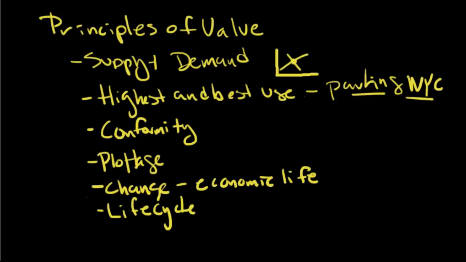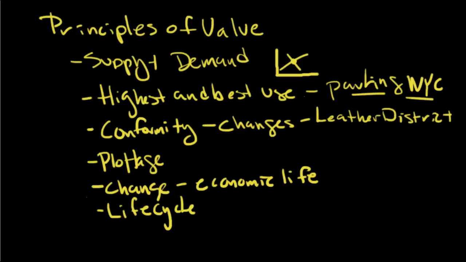The next one is conformity. When there's an expectation that things are going to stay the same, for instance. So this changes over time. Neighborhoods, especially urban neighborhoods, tend to change a little bit quicker than others. For instance, there's a district in downtown Boston called the Leather District.